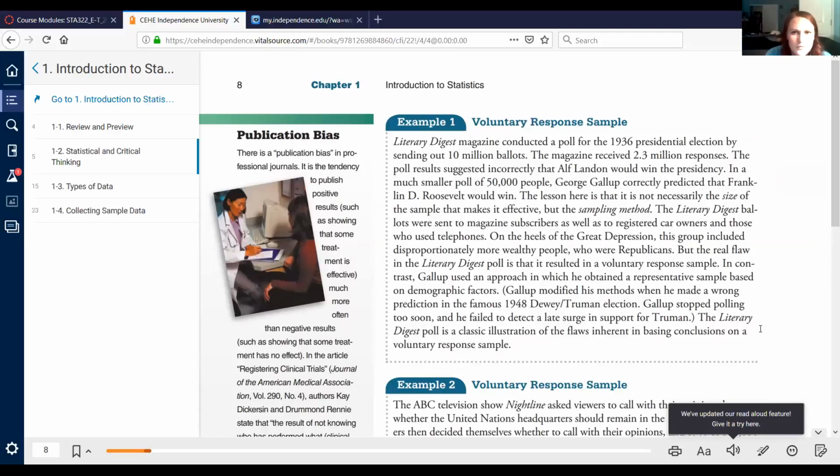He went and sampled likely voters who were of all different classes of economics, and probably gender and race as well.